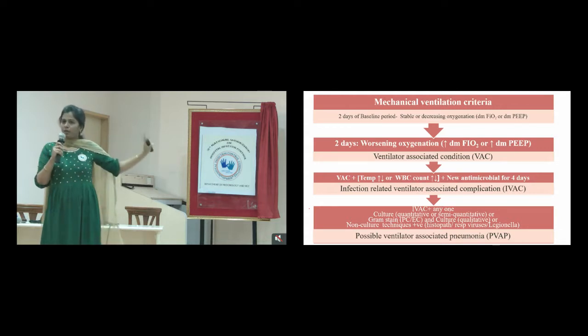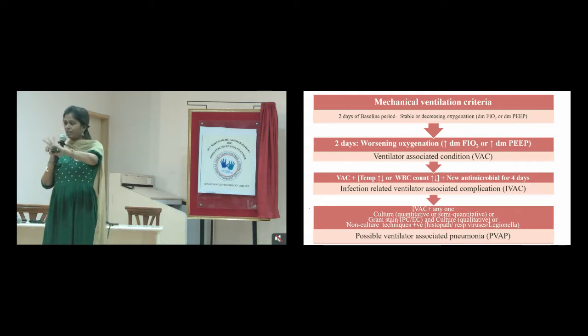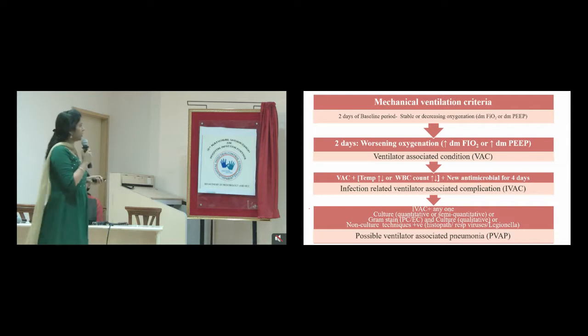At this point, just remember that there are three terms: VAC, IVAC, PVAP. Once VAC is fulfilled, you look for criteria for IVAC. Once IVAC is fulfilled, we look for PVAP. Again, I'll show this table at the end. You'll be very clear about the definitions.